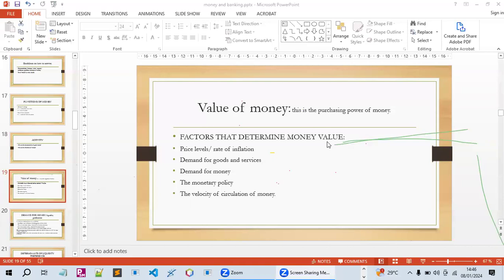A high demand for goods and services influences prices upwards. But then this lowers the money value because when the demand for goods is high, the suppliers will increase the prices of those goods. Therefore, people will be able to purchase fewer goods for a unit of money.